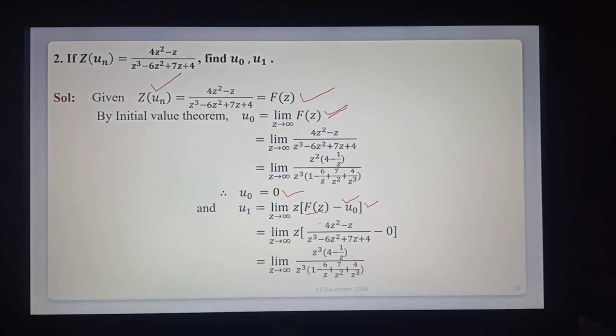Now simplification: z square common in the numerator and z cube common in the denominator. That is equal to z into z cube by z cube, cancel. Substituting, that is equal to (4 minus 0) by (1 minus 0), which is equal to 4. So this is the required value. u1 is equal to 4.